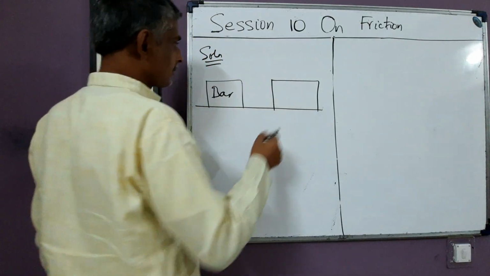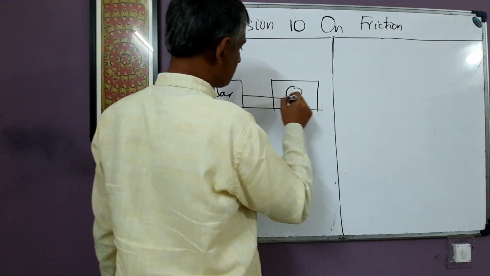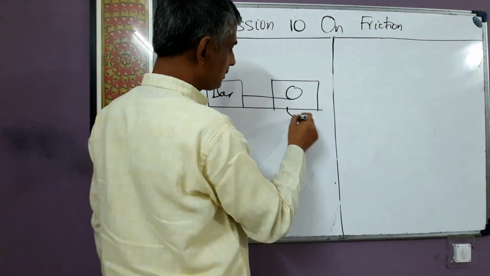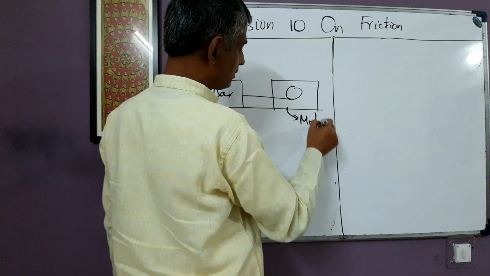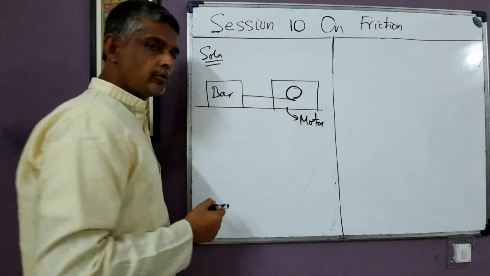Here the motor is there. This is the string you attach, which passes over the motor shaft, and is wound here.